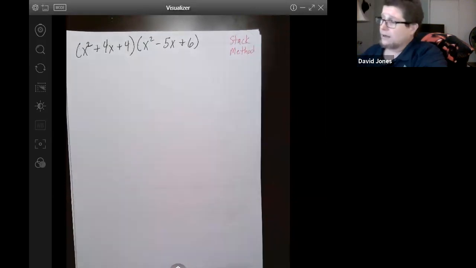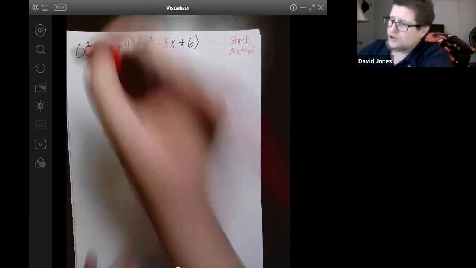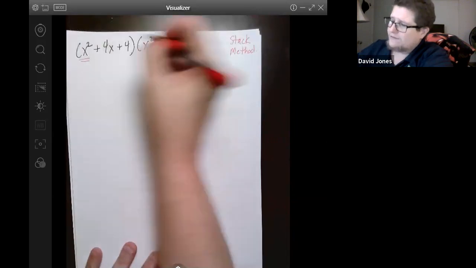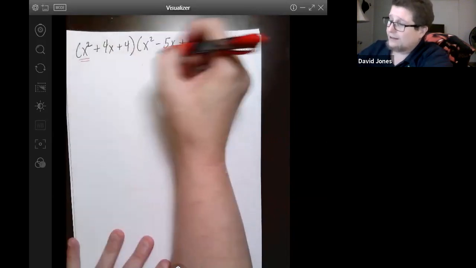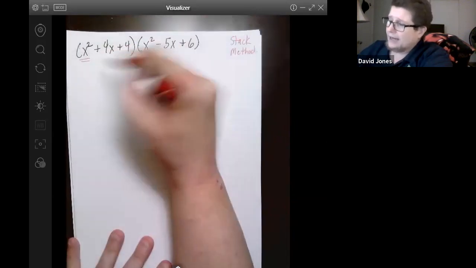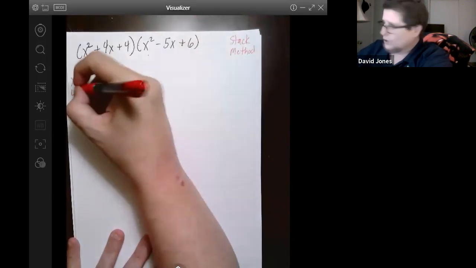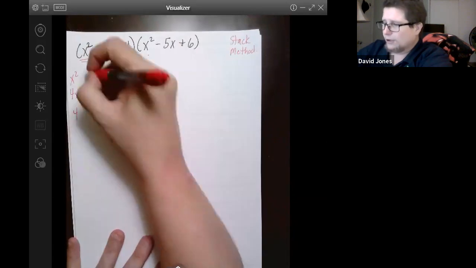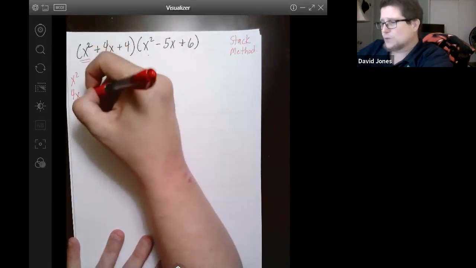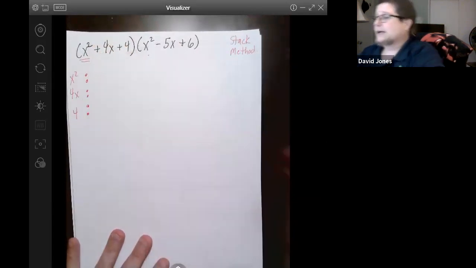So what I'm going to do is I'll distribute the x squared first to everything over there. X squared, this line, and then I'll just show it like this. X squared, 4x, and 4. This is what happens when I distribute those.